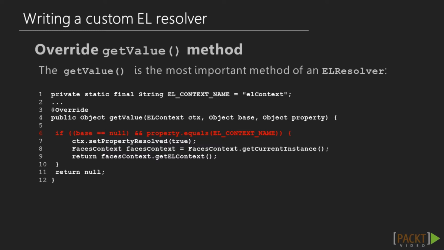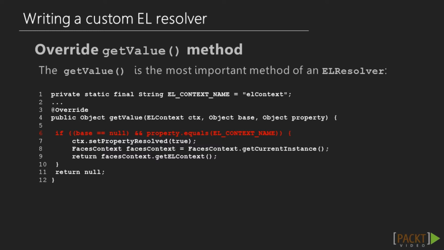Basically, JSF will apply the chain of available resolvers until it hits the ELContextResolver. No other resolver will be able to resolve the elContext expression. So, notice that the elContext variable is matched in a simple manner via the equals method. The third argument passed by JSF in getValue should be exactly the elContext string.